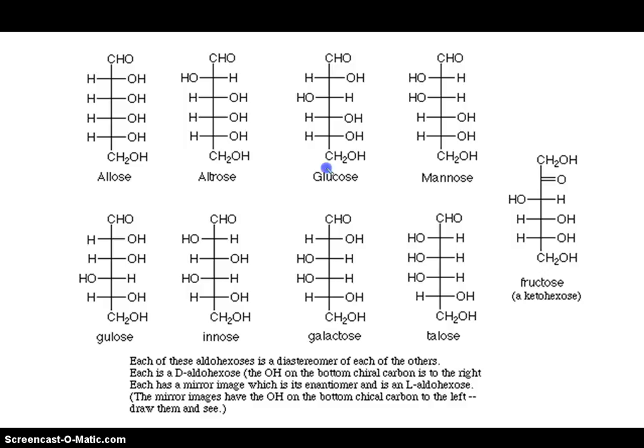You've probably heard of glucose. All of these different sugars up here have the same formula, C6H12O6, but they're all put together slightly differently. Fructose you've probably heard of, but there are other sugars like galactose, allose, and altrose that have the same formula. They're just put together slightly differently, so they're structural isomers.